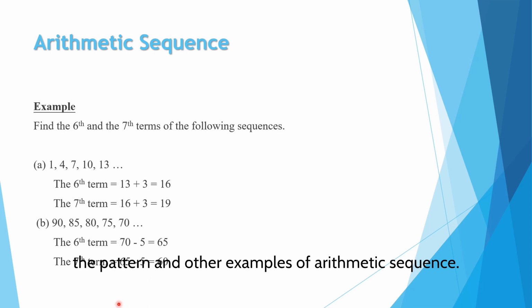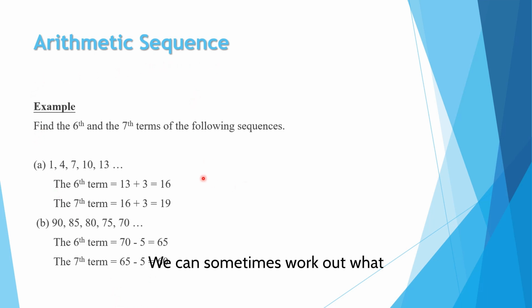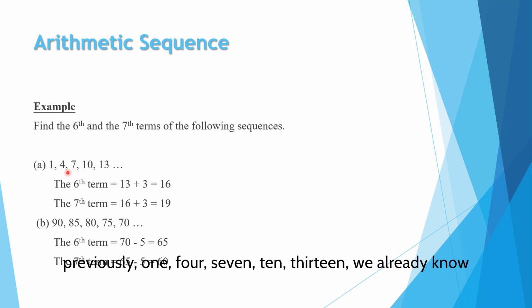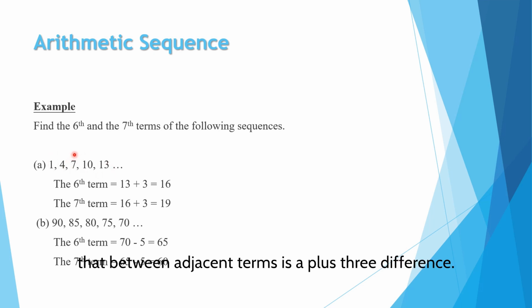With arithmetic sequences, we can sometimes work out the following terms. Let's say we have the sequence we mentioned previously, 1, 4, 7, 10, 13. We already know that the difference between adjacent terms is plus 3.